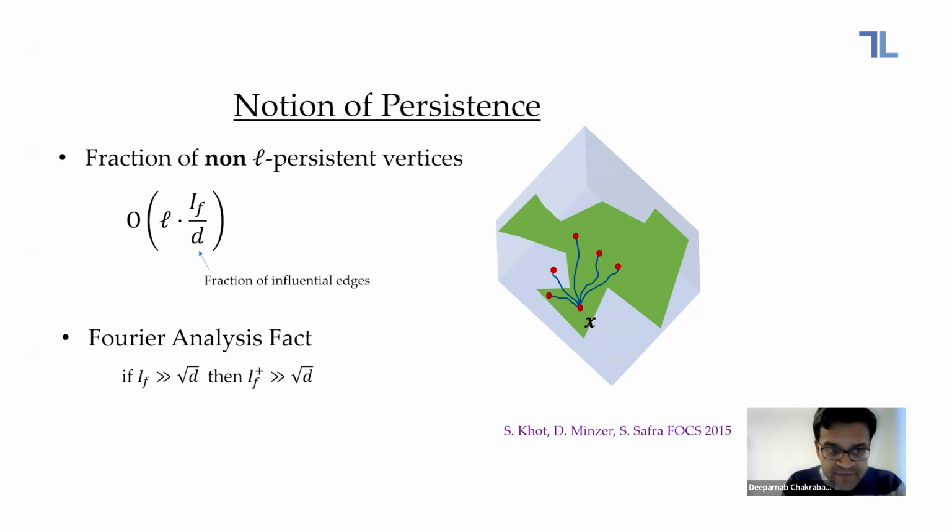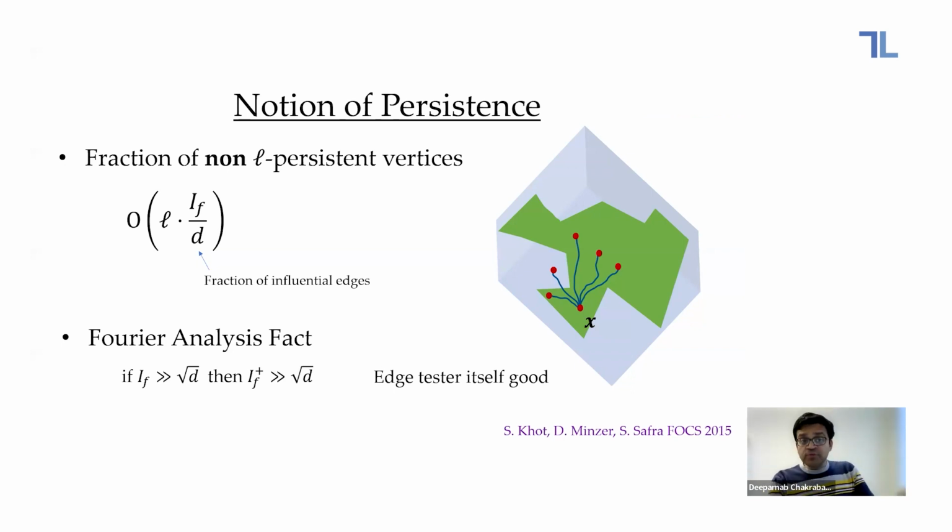So if this quantity IF here was bigger than some 10 times square root D, then the number of violating edges is also roughly bigger than square root D. And so, in this regime, the edge tester is great. If there are like square root D times 2 to the D violating edges, then just the edge tester, which is tau equal to 1, is going to catch this violation.